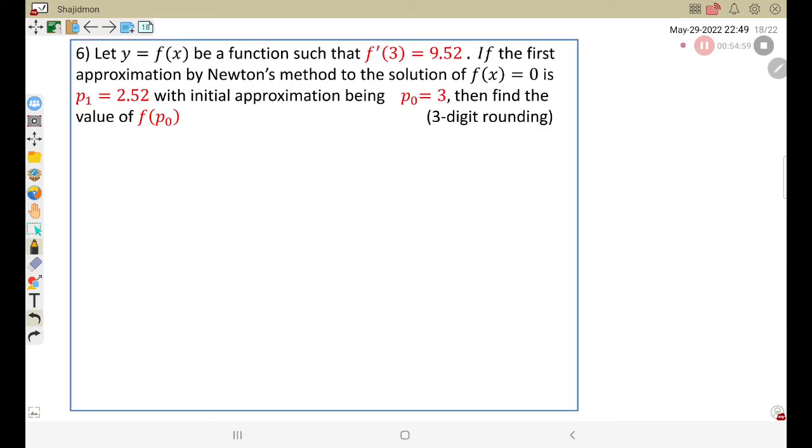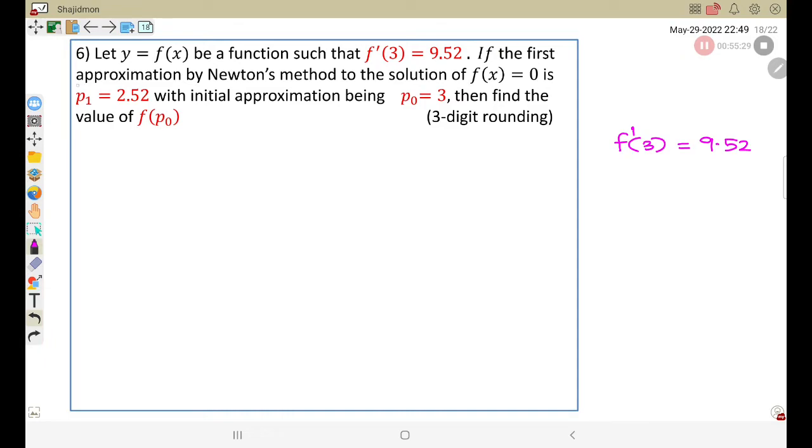Now we will go to the next question. Question number 6. What is the question? Let y equal to f of x be a function such that f dash of 3 equals 9.52.